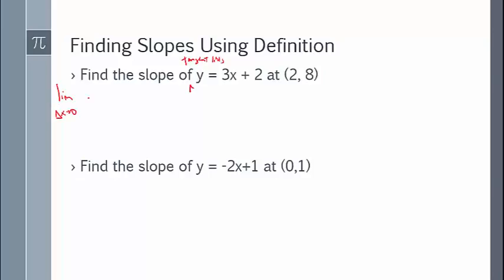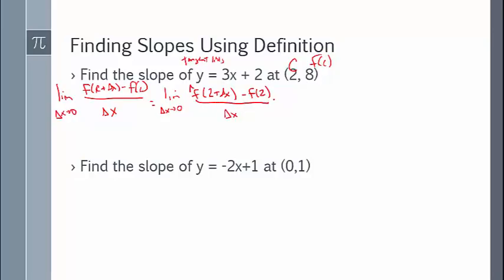It's the limit as delta x approaches 0 of this difference quotient f of c plus delta x minus f of c all over delta x. And in this case, c is 2 and f of c is 8. So we're doing the limit as delta x approaches 0 of f of 2 plus delta x minus f of 2 all over delta x.